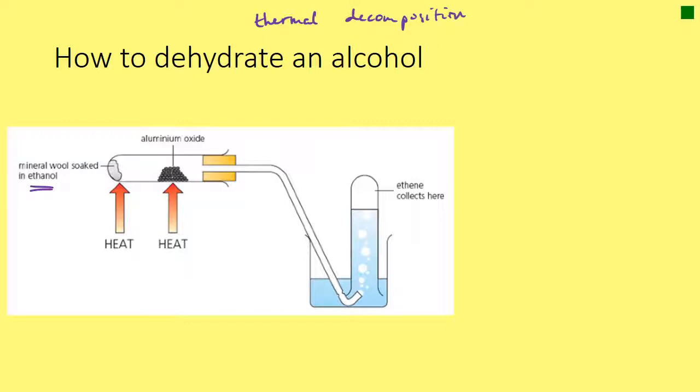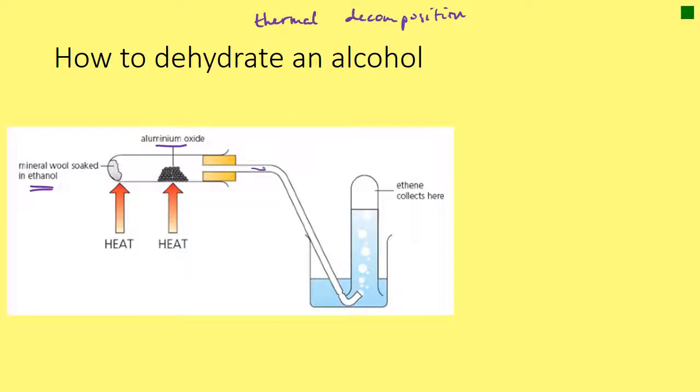So we take the alcohol, in this case it's ethanol, put it in a boiling tube with a delivery tube connected up to it, and we're going to heat it, and we're also going to introduce a catalyst, which is quite often aluminium oxide, and as the hot ethanol passes over the aluminium oxide, it breaks down into our ethene and a water molecule.